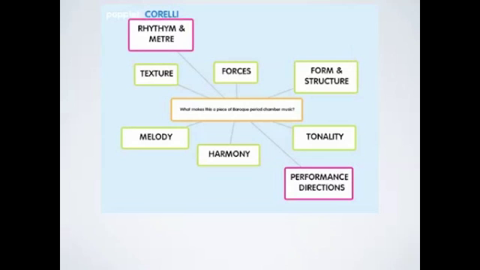Like I said in the beginning, you're not going into great detail. You're not going to be naming bar numbers or comparing and contrasting with anything. You're just telling what features are in the music and general locations, like whether it's in the A section or the B section. Good idea on a lot of pieces, everything happens in the B section. So that's what you want to remember there.